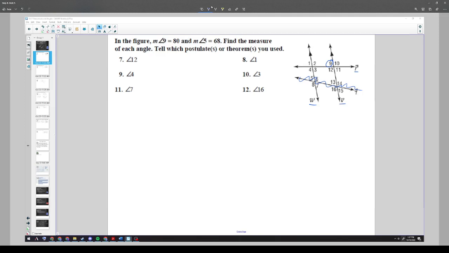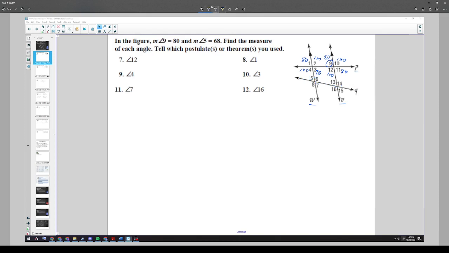So I know that 9 is 80, meaning that 11 is 80. The corresponding angle over here, number 1, is 80, and its vertical angle is 80. The others must be supplementary to that. So if this is 80, 10 is 100, 12 is 100, 2 is 100, and 4 is 100. So we know all 8 of those just by knowing the measure of angle 9.